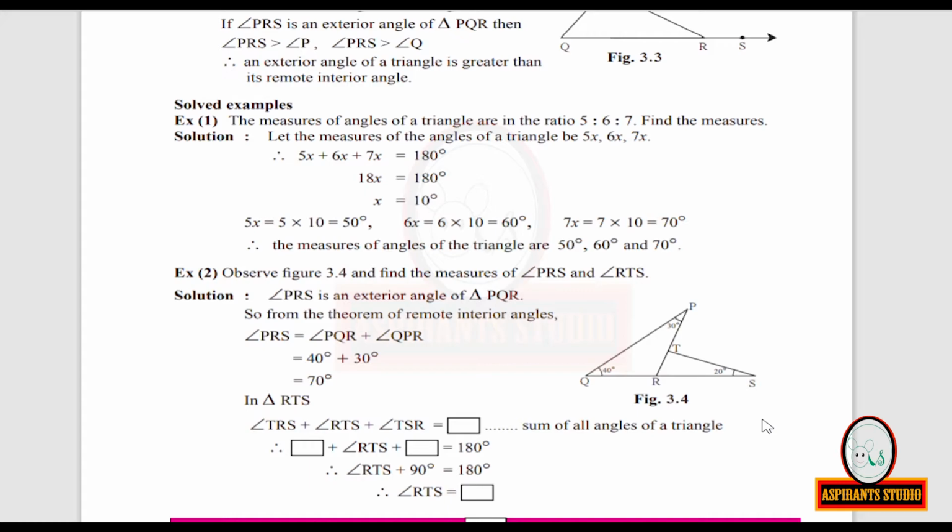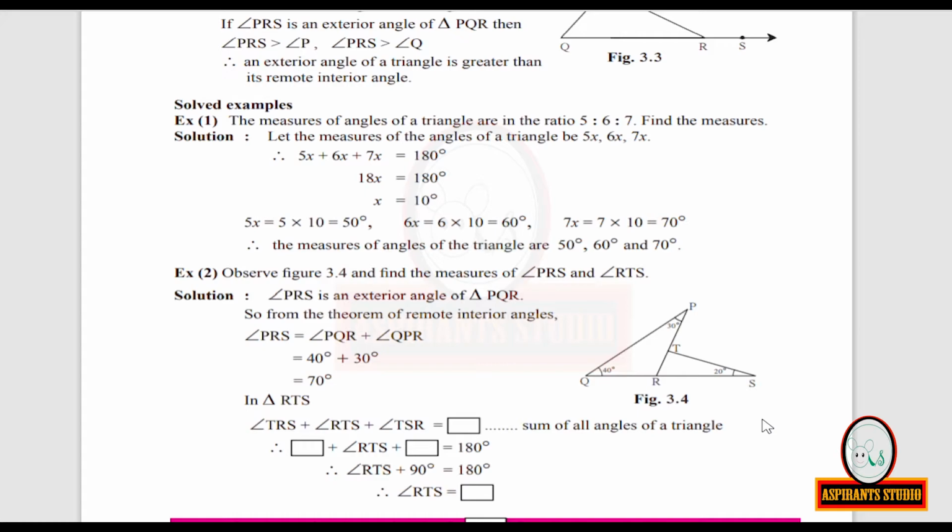Angle PRS is an exterior angle of triangle PQR. So we can apply the remote interior angles theorem and write: measure of angle PRS, that is the measure of the exterior angle, is equal to the sum of the measures of the remote interior angles.